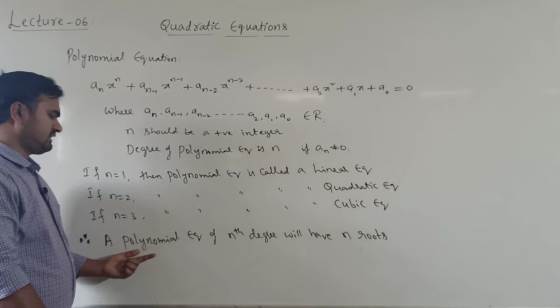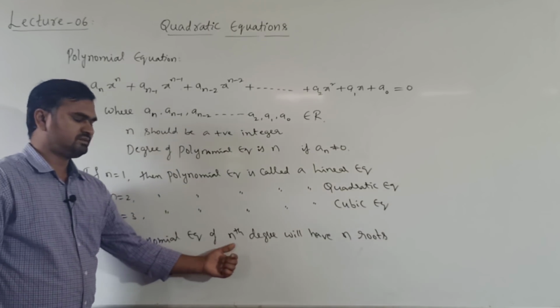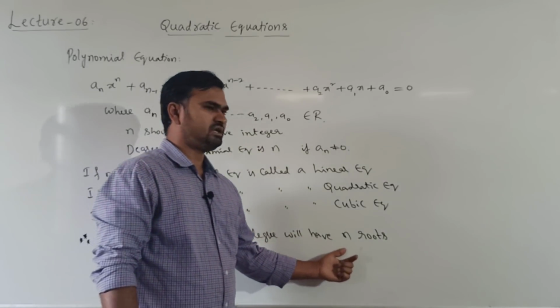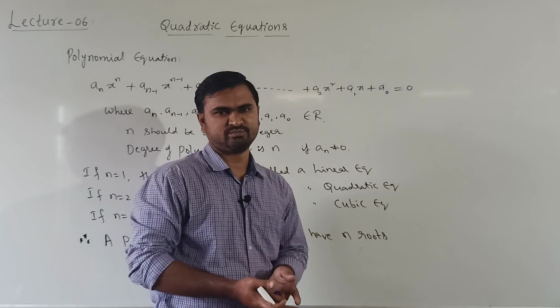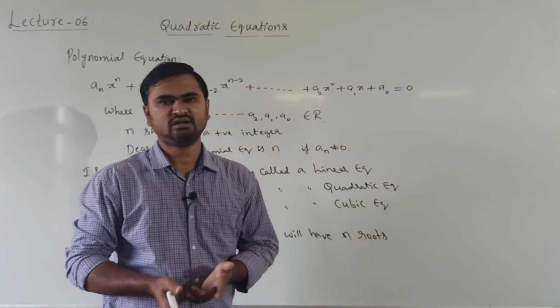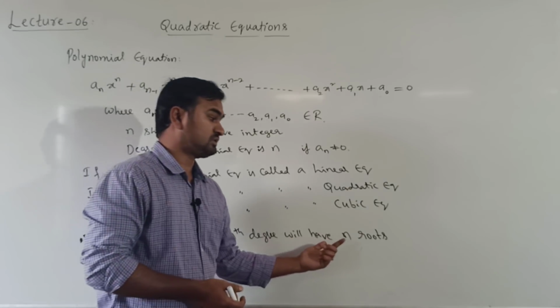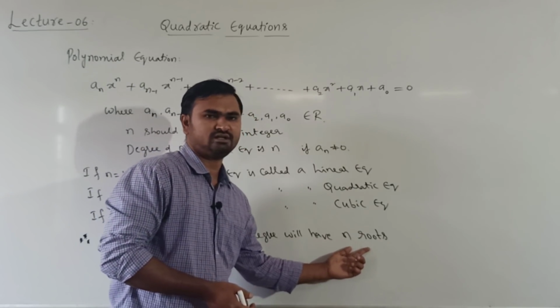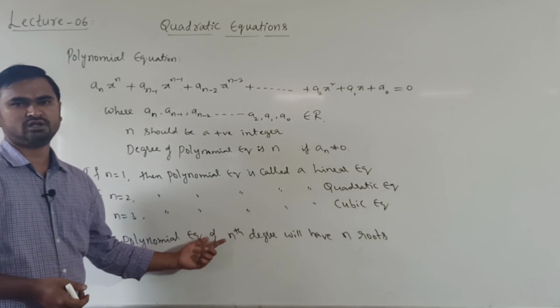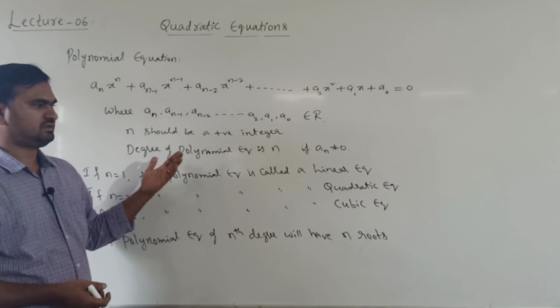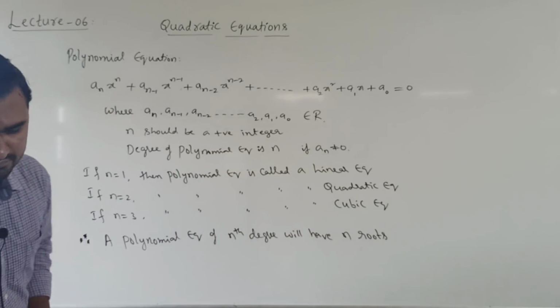Whatever those roots are, they may be real or they may be imaginary. The total number of roots will always be equal to n, which is the degree of the polynomial equation. So this is about polynomial equations.